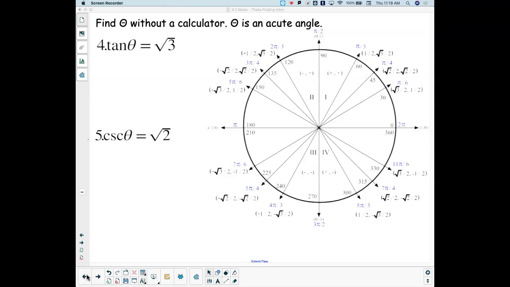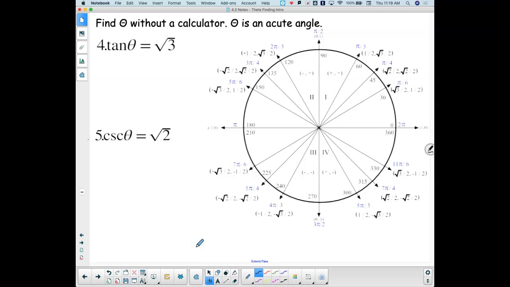Where am I looking? Which quadrant am I looking at? I'm only looking in quadrant number 1. So where in quadrant number 1 is the tangent equal to the square root of 3? That's y over x, right?